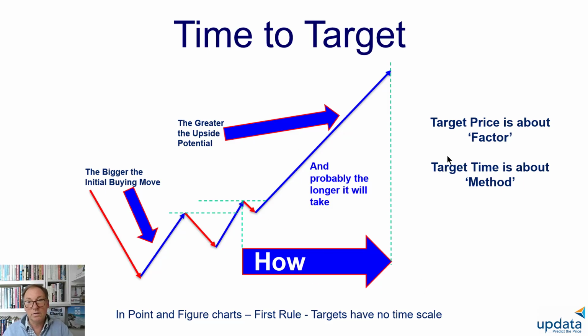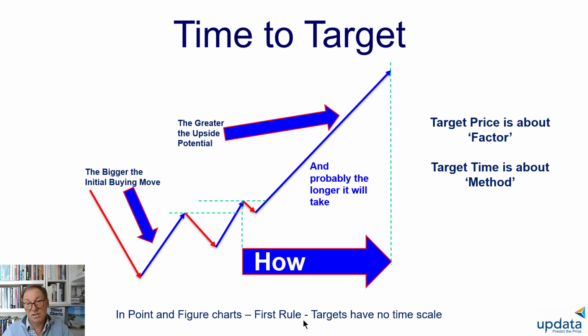But how long is more about method. So the price target level is a factor, and the time to target we think about more as method. And probably the greater the upside of the target, the longer it's going to take. So if you've got big targets, that's going to take longer.